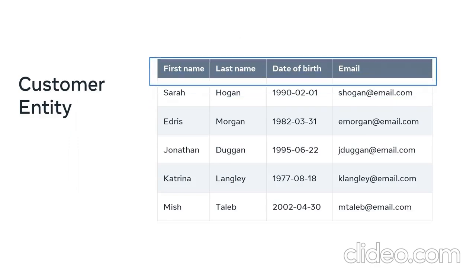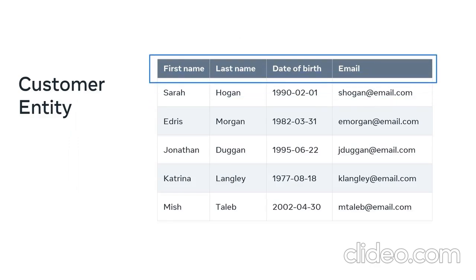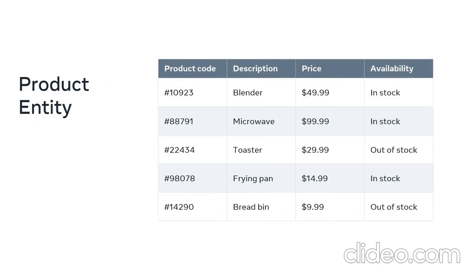These attributes could include first name, last name, date of birth, and email. And they could also have product data stored in a product entity against attributes like product code, description, price, and availability. In the relational database world, these entities are known as relations or tables.